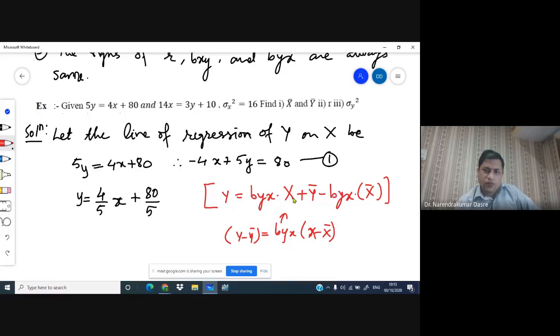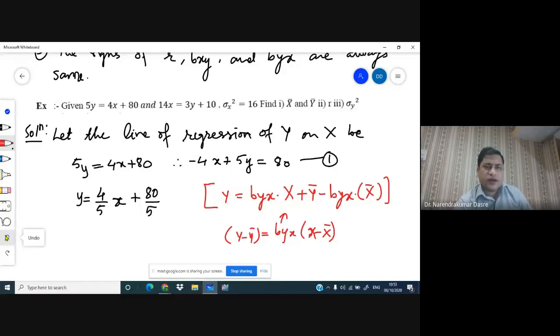Okay. So now once I know this, I compare this equation with this equation. So what I get is this constant is 80. Okay. This is 4 by 5 and that's what we have. So this way we are able to get the constant and the coefficient.